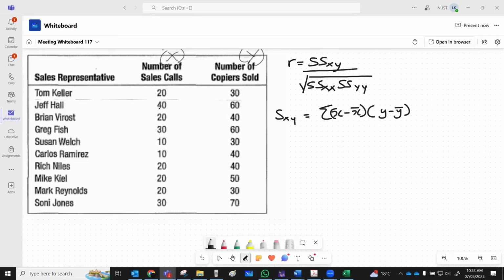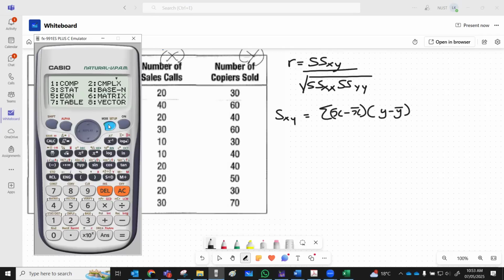Okay, so for each of these, we need to work out what our x bar is. This we can just do on our calculator. Again, we go to shift, not mode, shift, and stat, and then we go to variance, number 4, and you can see here there are more options. We can find x bar and we can find y bar.